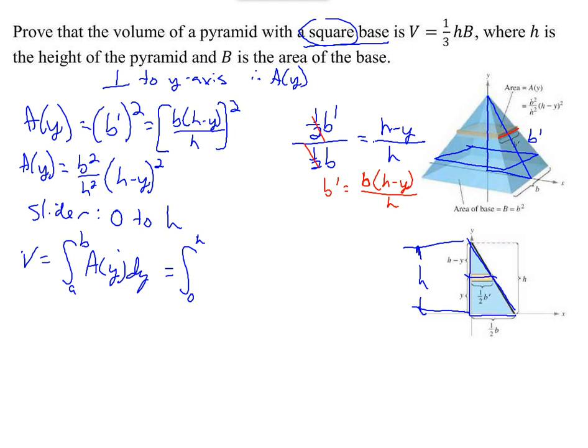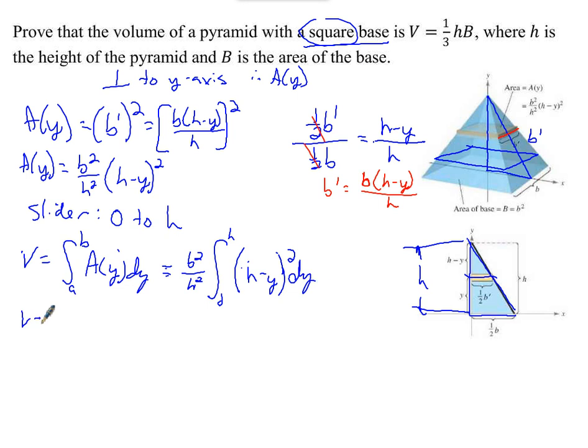Let me get rid of this and make more room. So we have b squared over h squared, integral from 0 to h of h minus y squared dy. That's the setup. Again, it could be on the AP exam. They only ask you to get this far: set it up, but do not solve. But we're going to continue because we're trying to prove this.